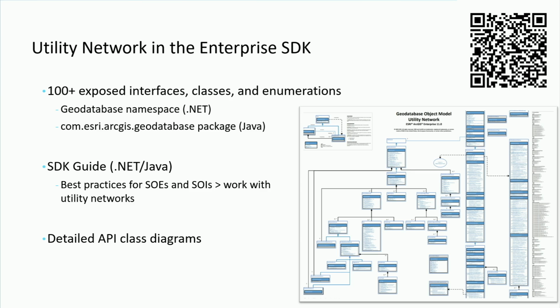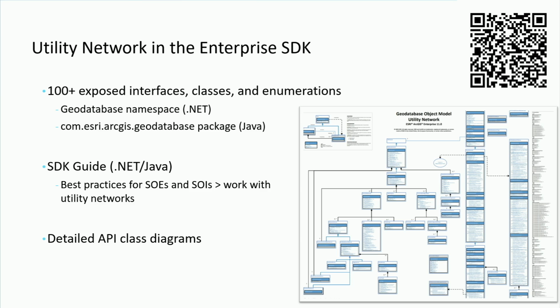Yeah, the QR code, as Eric said, takes you to the OMD, so you can scan it if you like. It's kind of hidden inside the documentation, but I'll show you at the very end how to get there. This diagram shows you all the interfaces and how to traverse from one interface to another.